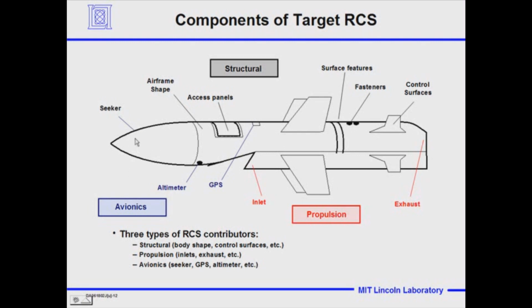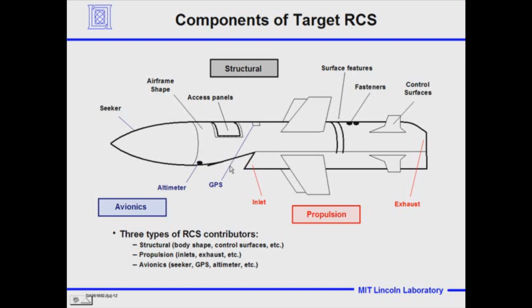It could have a blunt nose, a round nose, a tipped nose. It could have a circular or a triangular cylindrical shape. It could be square. There are control surfaces like the elevators on the backs of wings. That's the structural stuff.